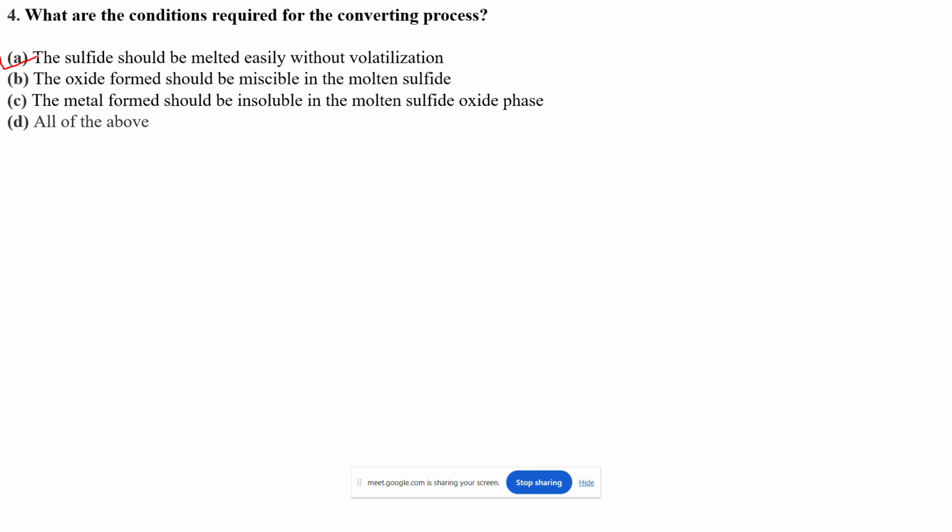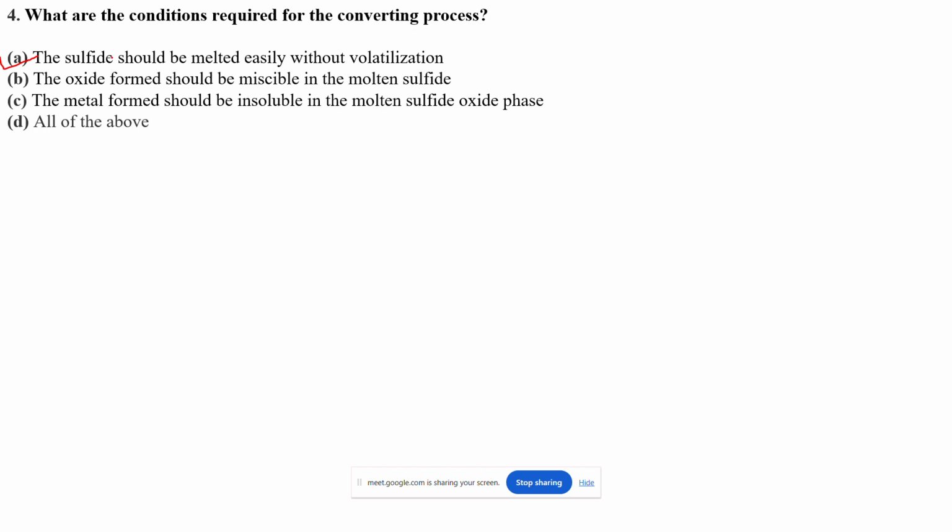Cu2S sulfide fulfills this requirement, so we can go for the converting process. However, in the case of lead sulfide, it is not possible because lead sulfide can easily be volatilized at a temperature of around 1000 or 1200 degrees Celsius. So it is very difficult to convert the lead sulfide into lead metal.